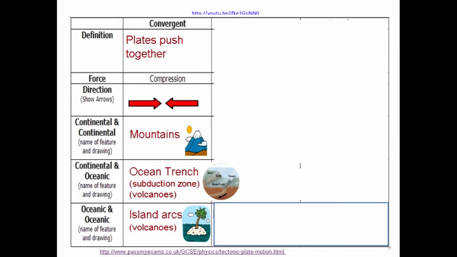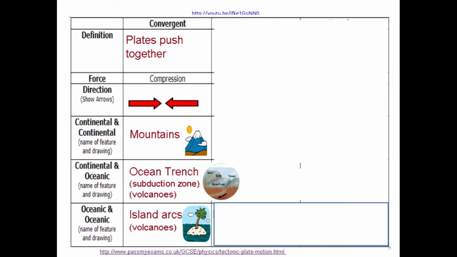So a mountain range is the crustal feature that is formed from a continental convergent collision. It's a lot of C's. The second one is continental and oceanic. Notice you have the big, thick continental crust with a thin oceanic crust, and it can create an ocean trench.